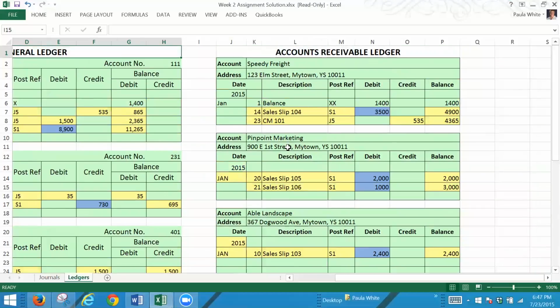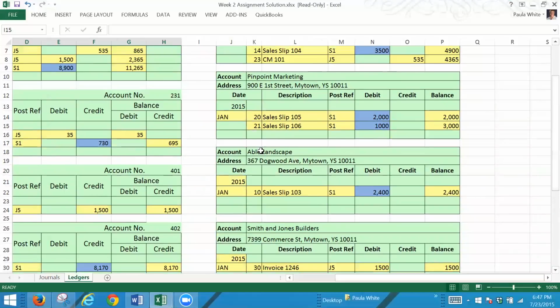Go to Able. Here we have Able Landscape, January 10th, and the detail of the journal, the sales journal, here is a $2,400. It came from the S1, sales journal, page 1. So this person has a balance to owe you yet, $2,400.